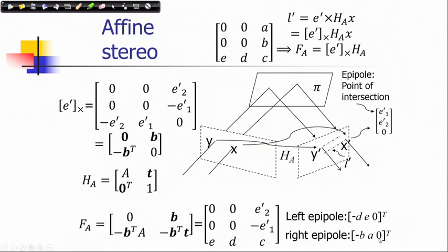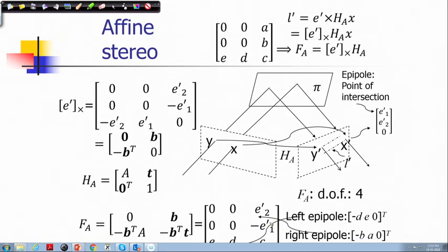The right epipole is (minus B, A, 0), if we consider this value to be B and this value to be A. Minus of this value is E1 prime.